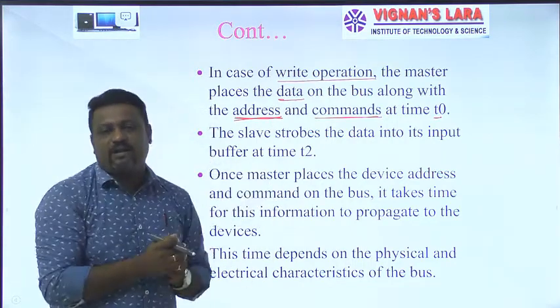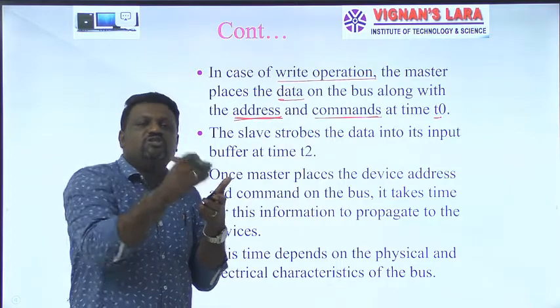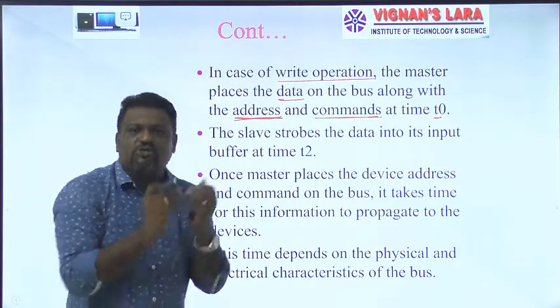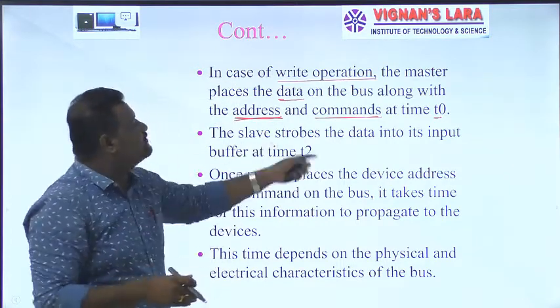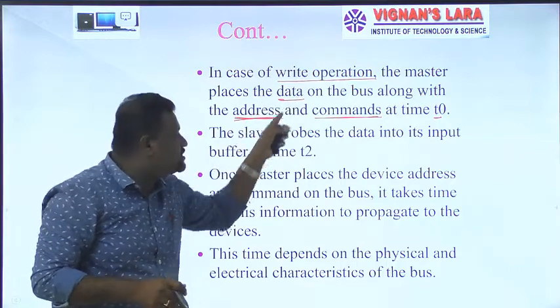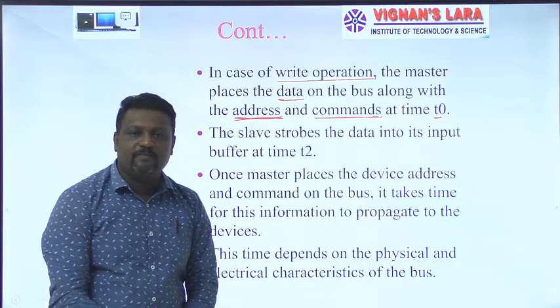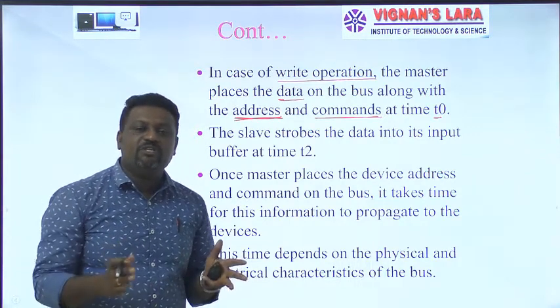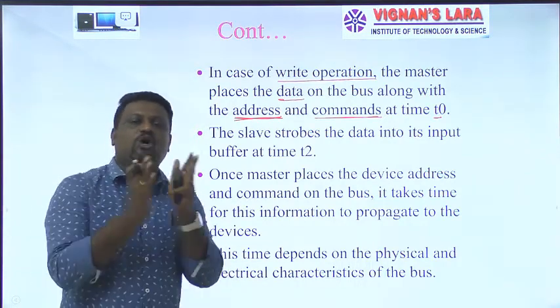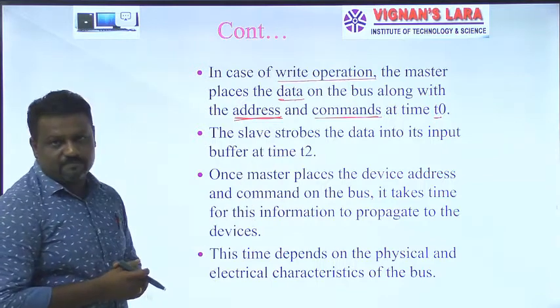These are separate. So I can use these three varieties of signals to transfer these three different varieties of information. One is data, the second is an address, and the third is a command, which is nothing but a control signal. These three pieces of information are placed by the master on the bus at time instant T0.